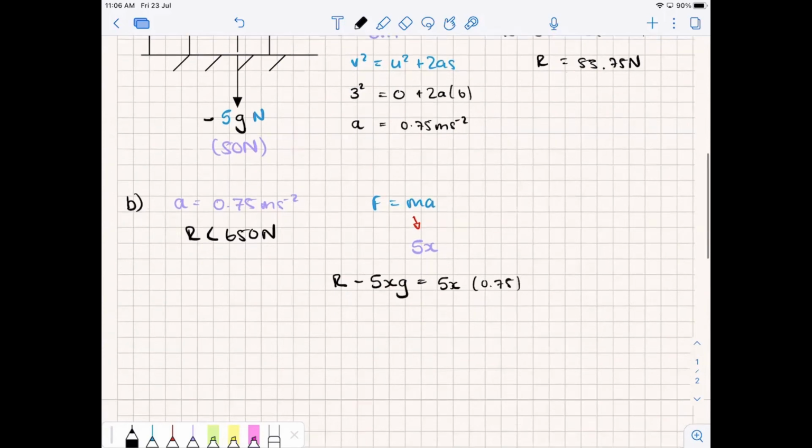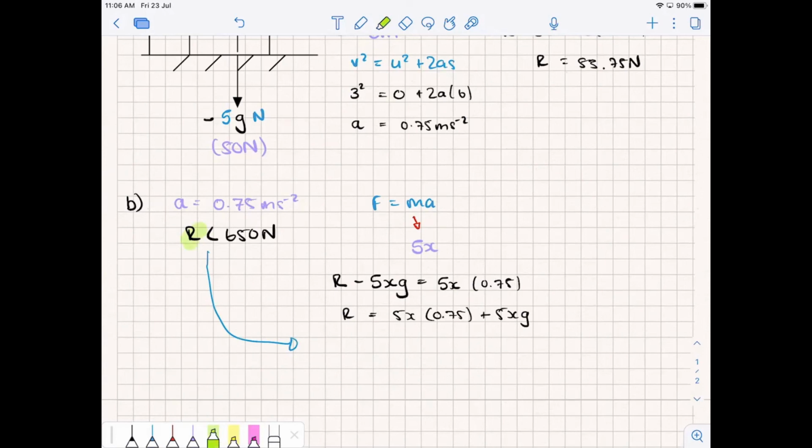So we're going to solve for R, and R is equal to 5x times 0.75, and when we move the weight term to the other side, it becomes plus 5x times the gravitational constant. Now we bring in the fact that R must be less than 650 newtons.